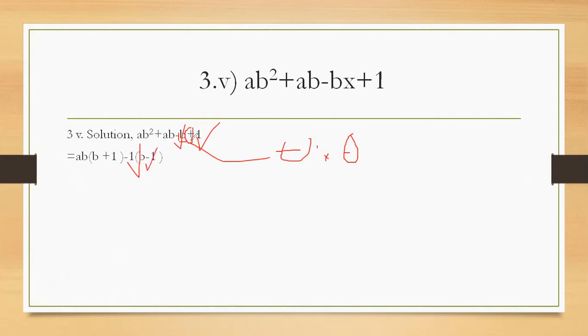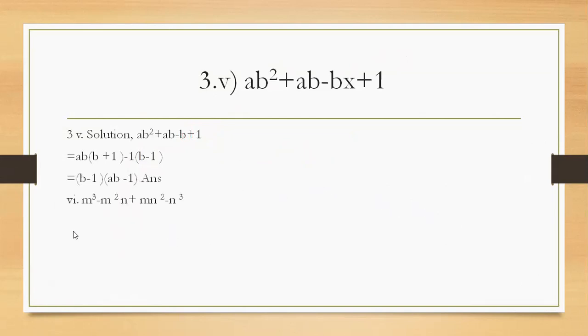Okay, children? Here from plus, if minus has gone common, 1 minus will be remaining here. Then we have to take B minus 1 common. Here left AB and here left minus 1. Are you clear, children?